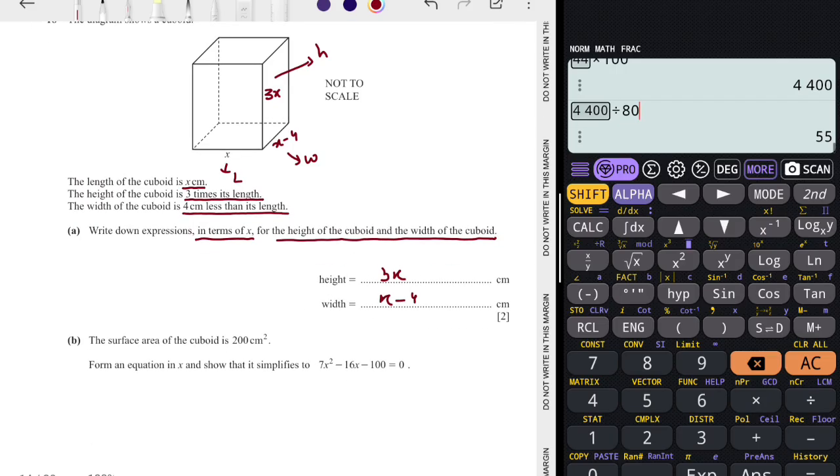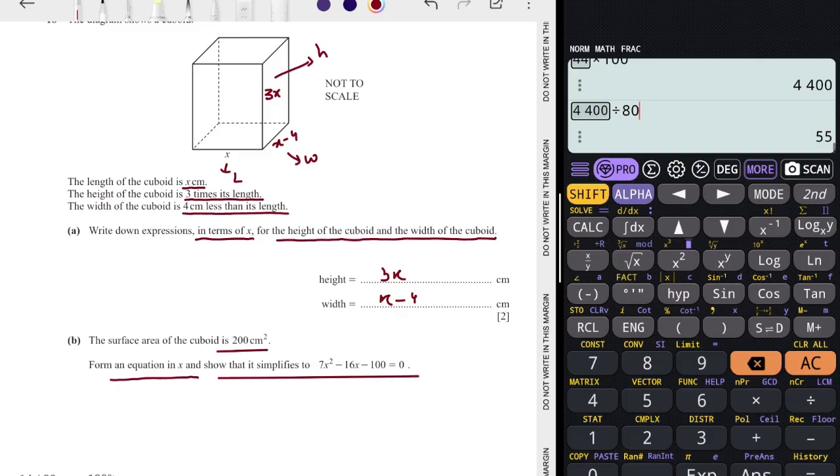Now the surface area of the cuboid is 200 centimeters squared. Form an equation in terms of x and show that it simplifies to 7x squared minus 16x minus 100.